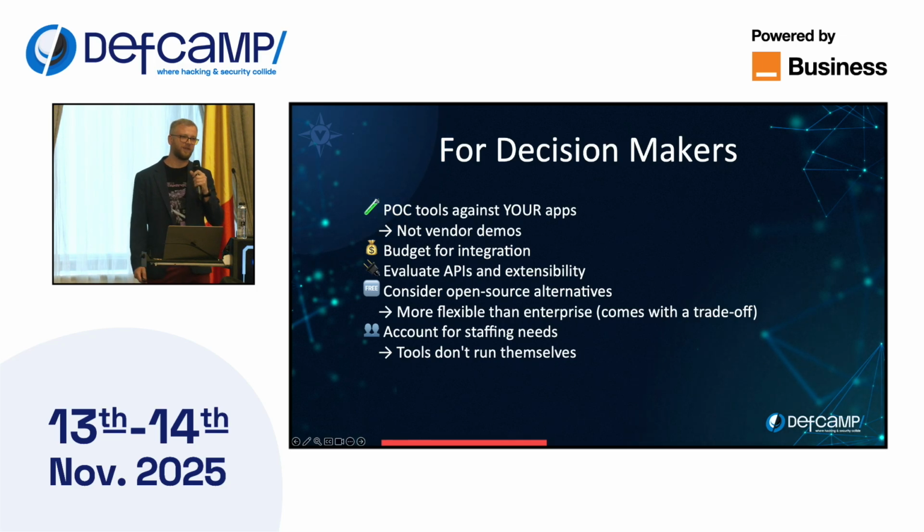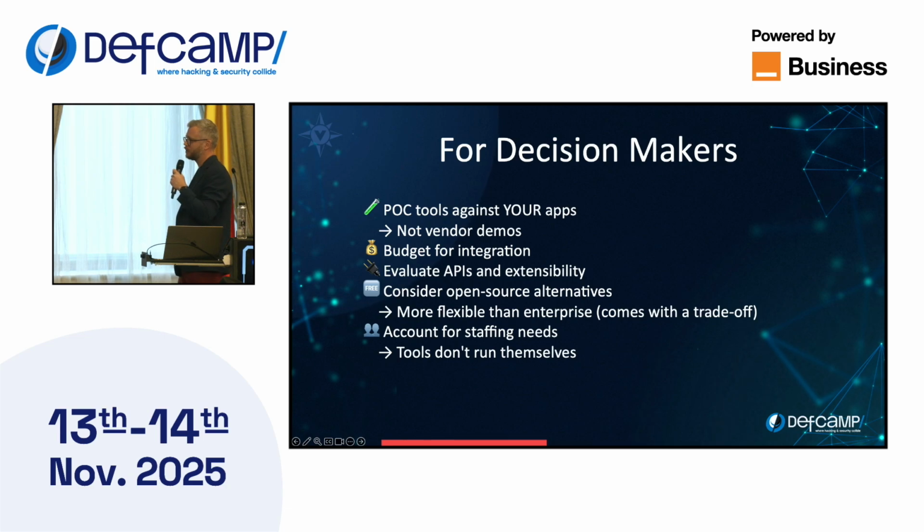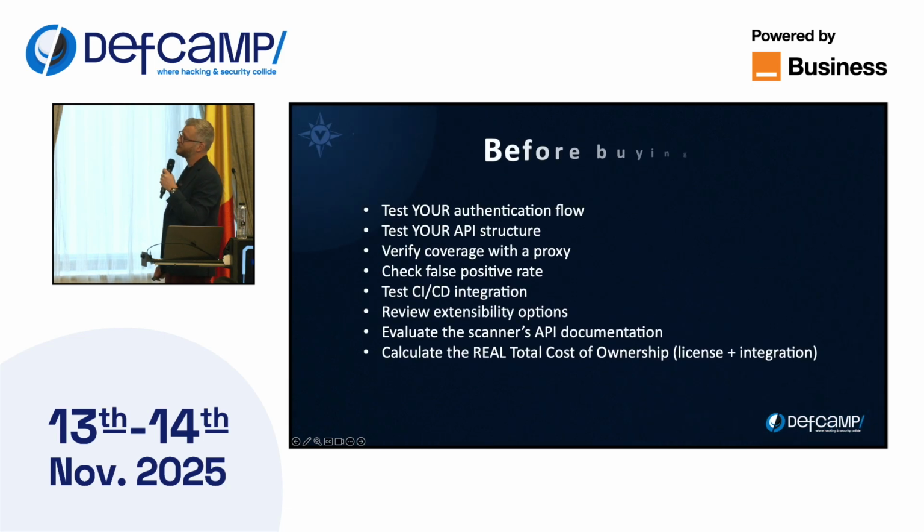Even with open source, if you start having thousands of vulnerabilities, until you solve them, you will have time to think of how can I spend my security budget on another tool that is going to double the amount maybe, or let's just say, I don't know, add 20% on top. Either way, you won't have the budget to handle all of them. And yeah, account for staffing needs. Don't just think that tools are going to run for themselves.